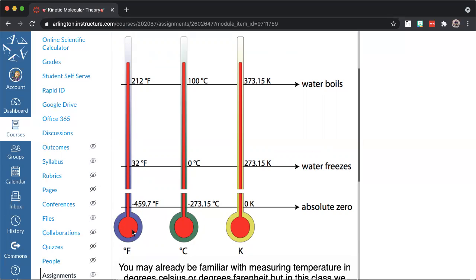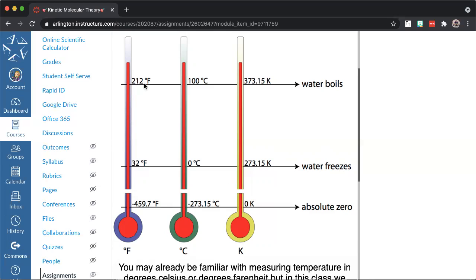In other countries that use the metric system, degrees Celsius is the common unit. If you go to countries in Europe or Africa or South America, their weather reports are given in Celsius and not in Fahrenheit. Kelvin is the science unit for temperature, especially for gases and for heat and thermochemistry. So these show you how they're related.